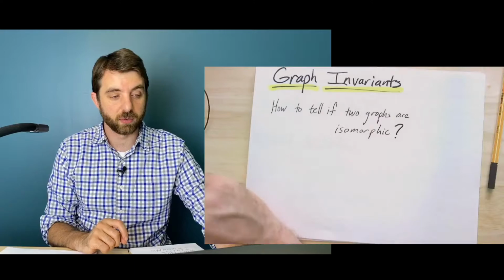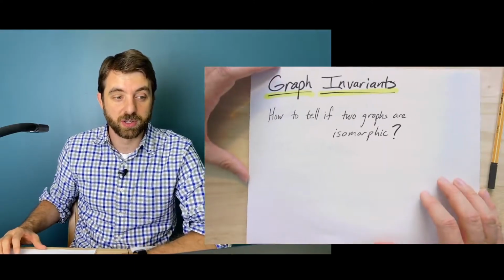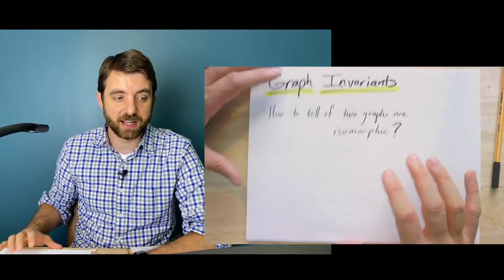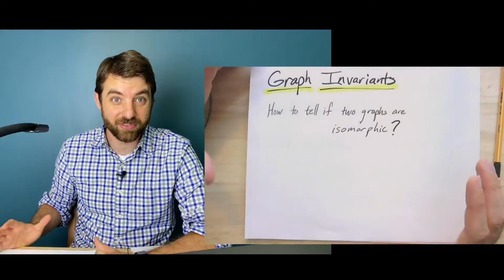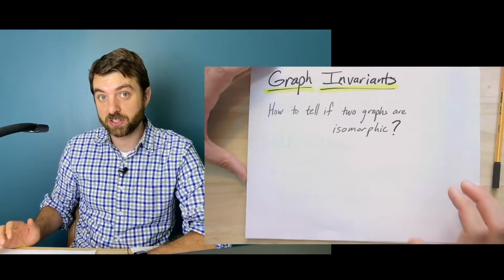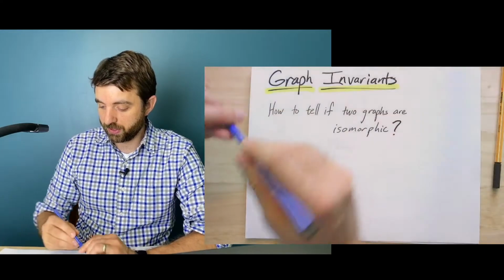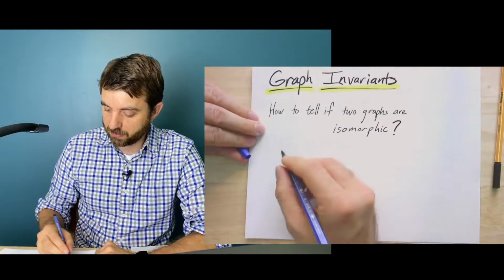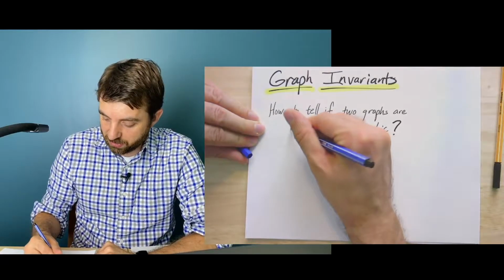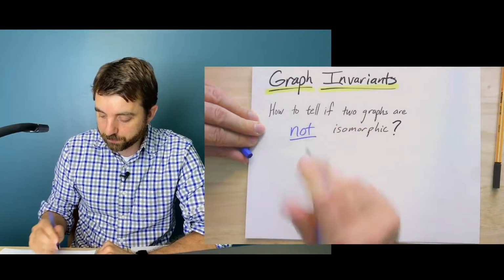A graph invariant doesn't help us if we want to answer the following question: if I have two graphs, are they isomorphic? It's a natural question to ask, but really what we're going to get from a graph invariant is to be able to answer the question, how to tell if they're not isomorphic.